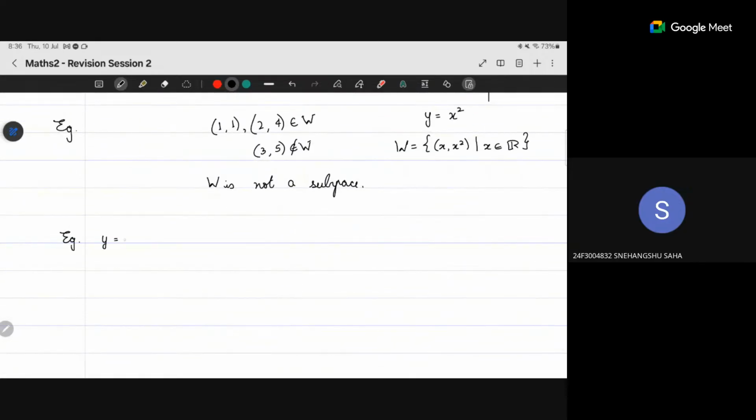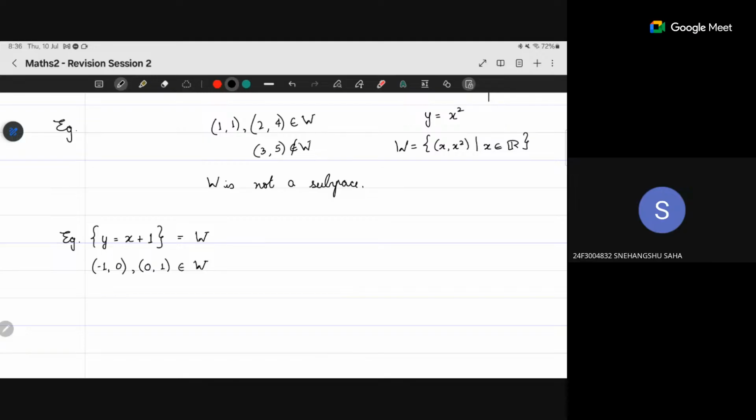Now y is equal to mx plus c. Let me take particular numbers, y is equal to x plus 1. Okay, so this set I'll call W: (x, y) such that y is equal to x plus 1. 0 comma 1 does belong to that set. And then let's take some other point, minus 1, 0.